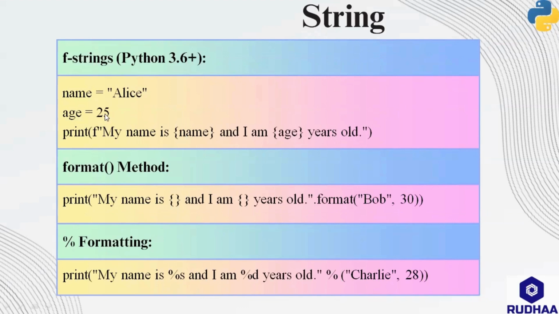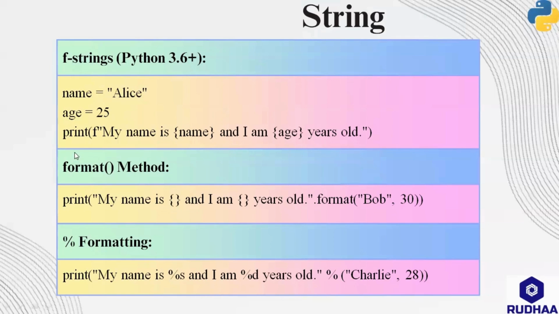This is used while printing the output. So fstring format means print f of my name is, inside the braces you have the variable name, and I am another variable age. So while reading the output, this name and age will be replaced as Alice and 25 automatically.